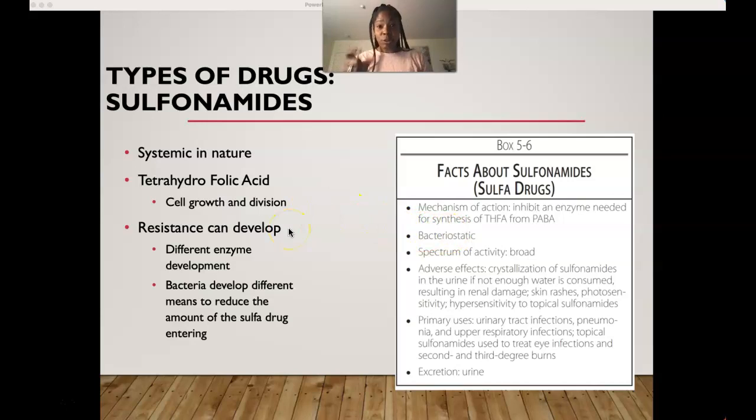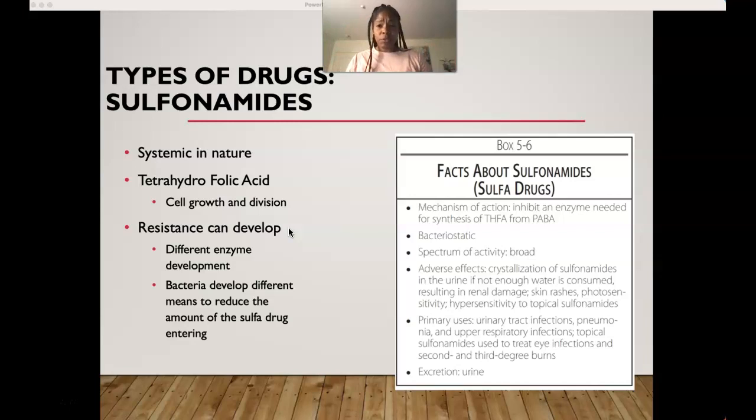Tetrahydrofolic acid is extremely important because it fuels the mitosis process, so cell growth and then also division of the bacteria. In other words, if we inhibit the synthesis of tetrahydrofolic acid, then we see less division of the bacteria, which means there's less bacteria available in the system to fight off, right? So that's an indirect way of destroying the bacteria.